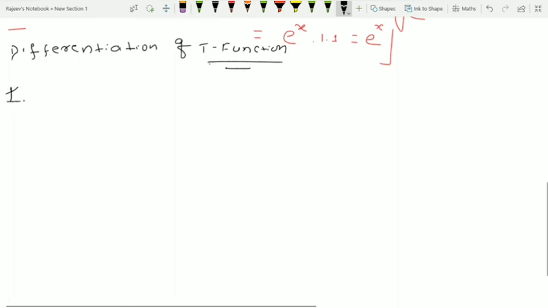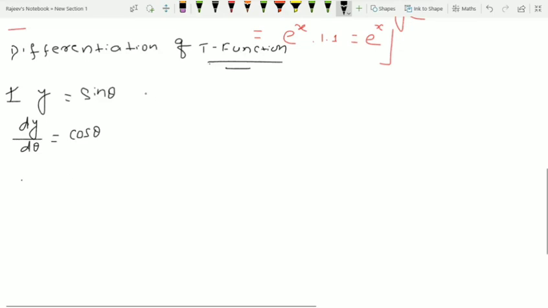Suppose y is equal to sine theta, so its differentiation will be, my dear student, dy by d theta equals cos theta. It is important why I did not write dy by dx here: y is a function of theta, so we write d theta. If y is a function of x, then we write dy by dx. If y is a function of t, then we write dy by dt.